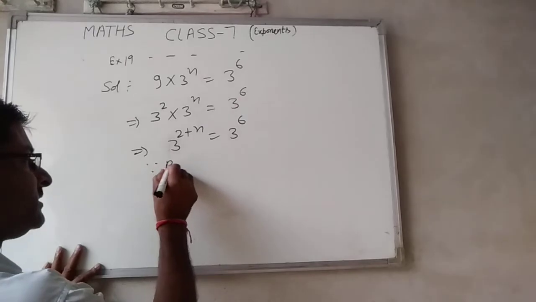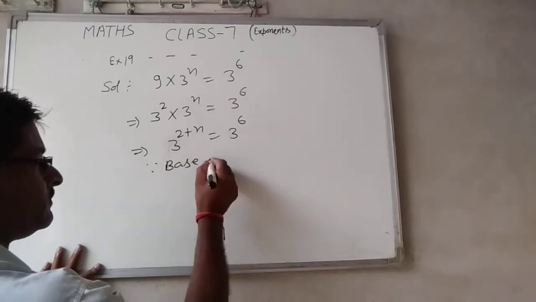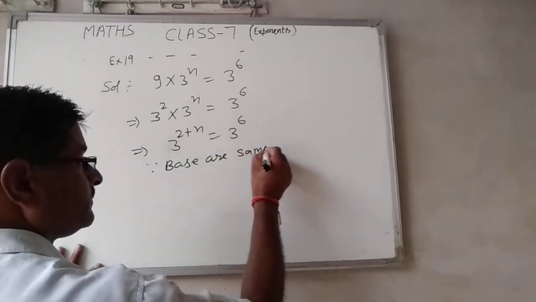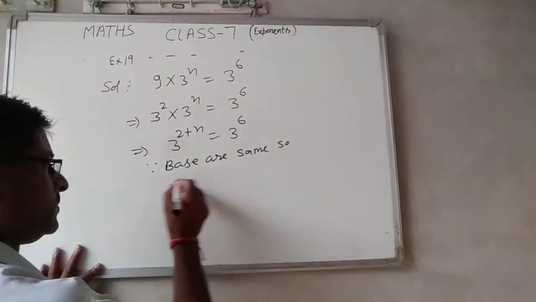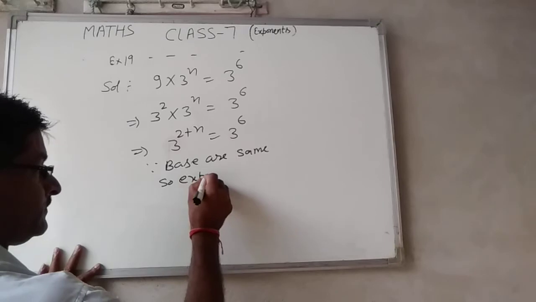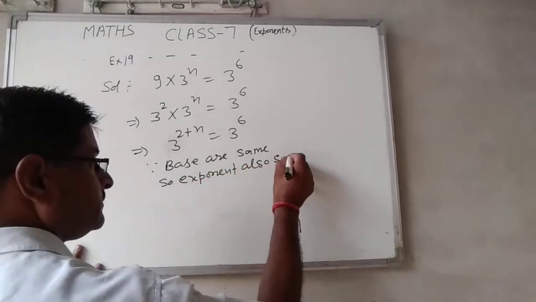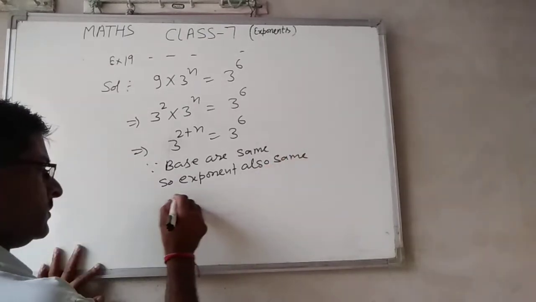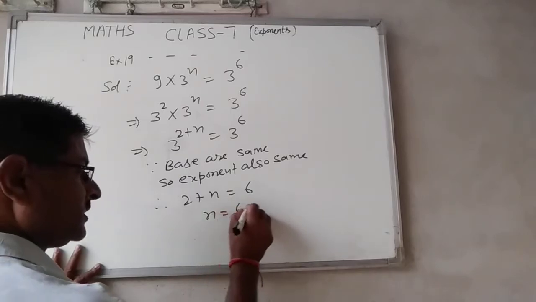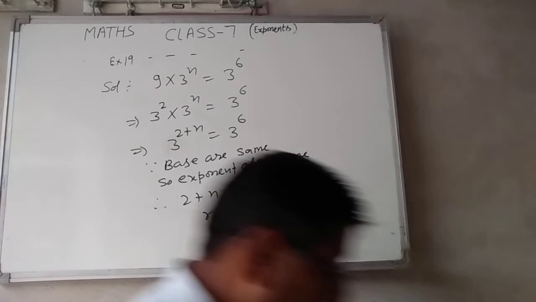Reason: since bases are the same, exponents are also the same. Therefore 2 plus n is equal to 6. So n is equal to 6 minus 2, which is 4. Answer.